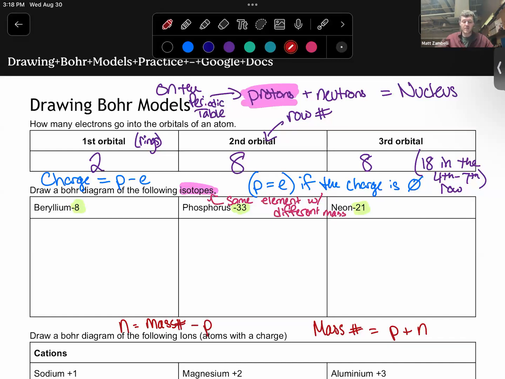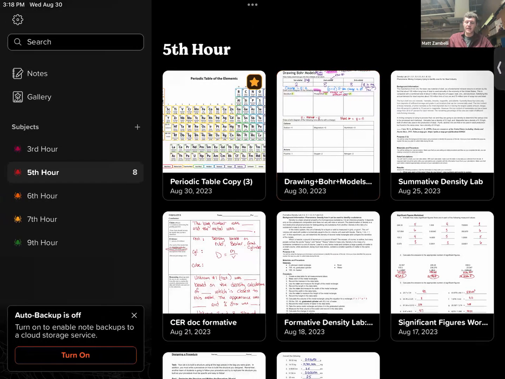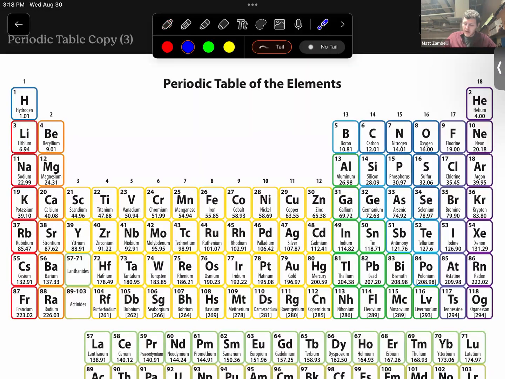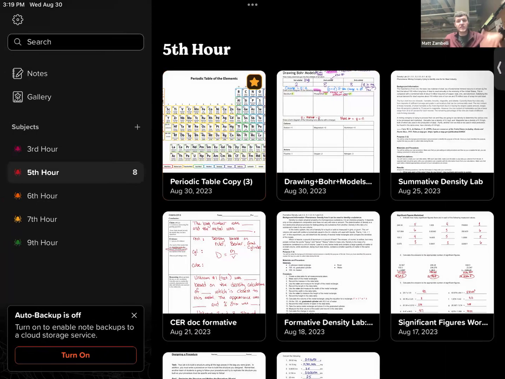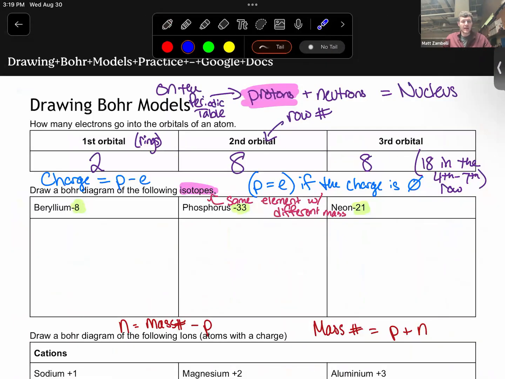Okay, and again, your mass number is that number on the bottom of your periodic table. So if we go back to our periodic table real quick, okay, your mass numbers are these guys down here, okay? And they might be a little bit different than mine, but they're on your periodic table right there, okay? So we can round those numbers to the nearest whole if it doesn't give you a mass number already.